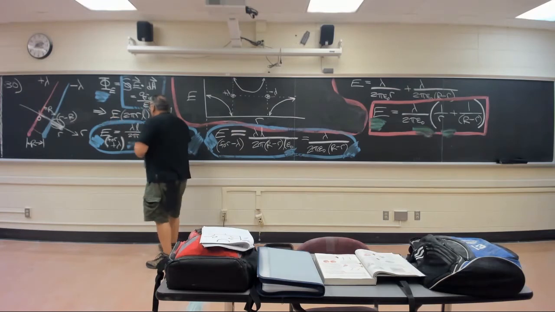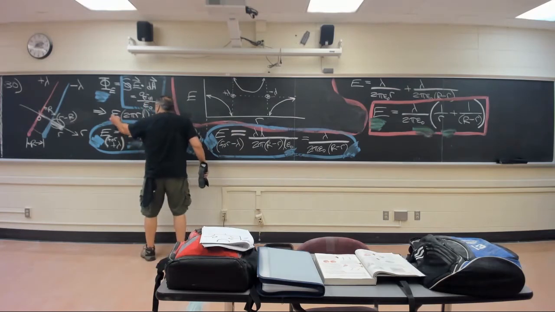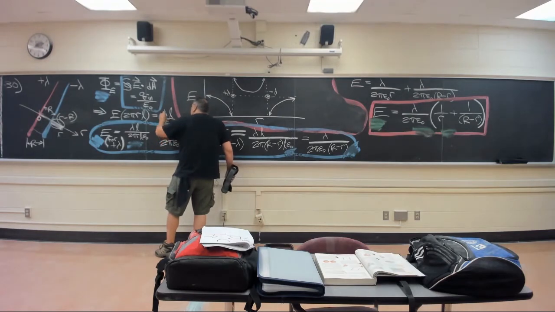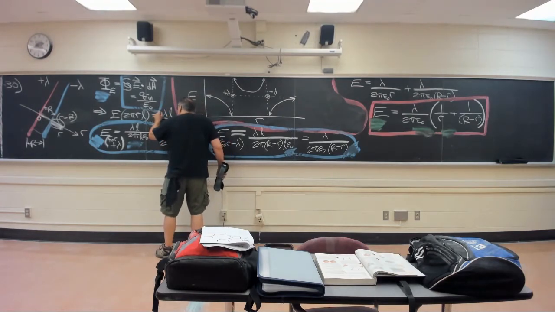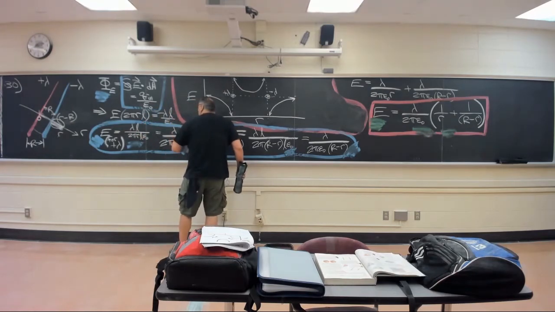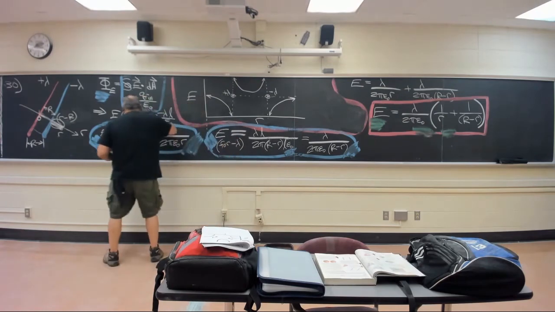E times the quantity 2 pi, the quantity small r minus big R, times L equals negative lambda. So now I'm doing it for this one. Equals negative lambda times L over epsilon naught.